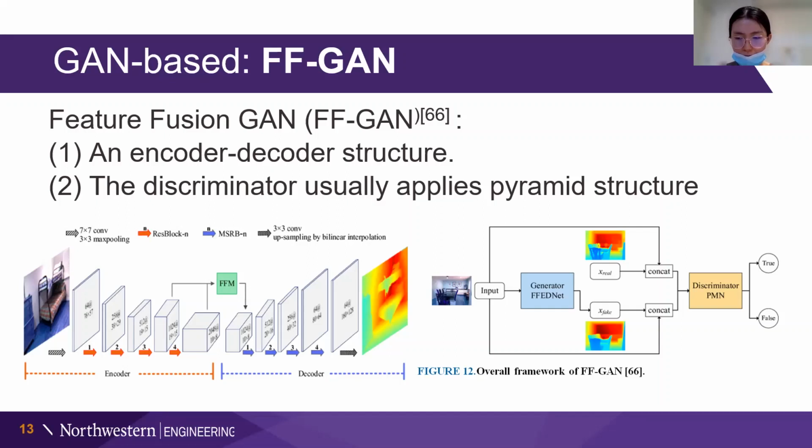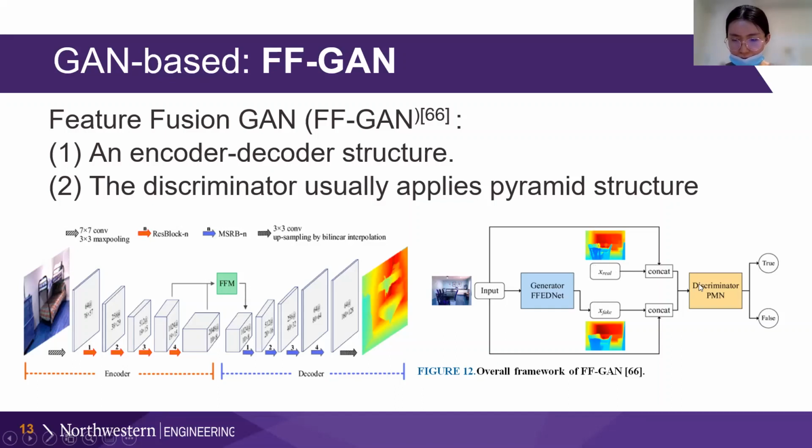We also use GAN to train the encoder and the decoder. The blue box here is a generator. Through this, we get the fake depth image first, and compare it with the real image.